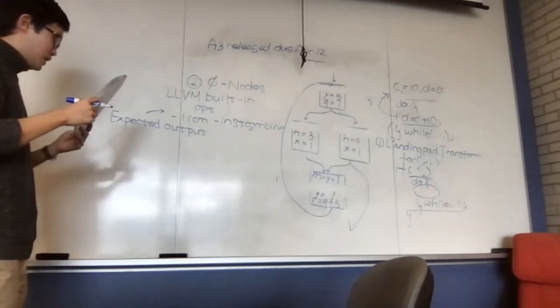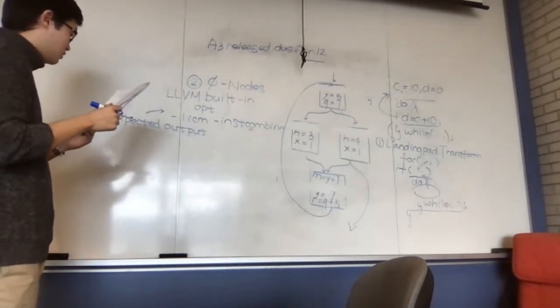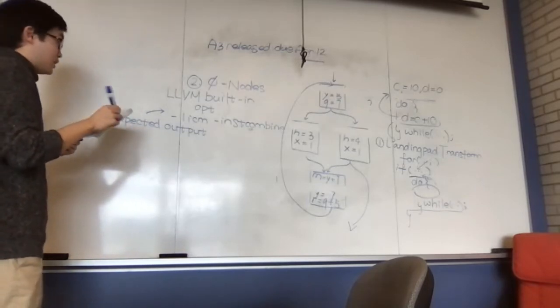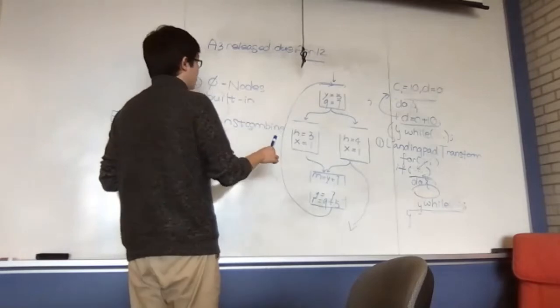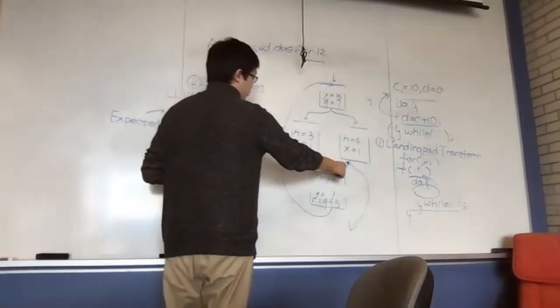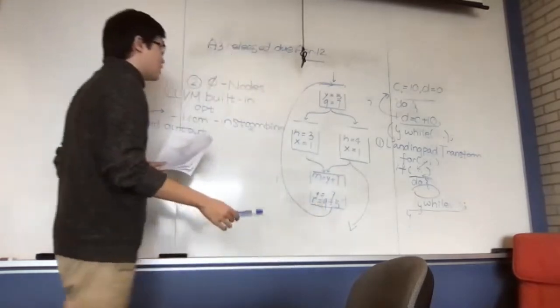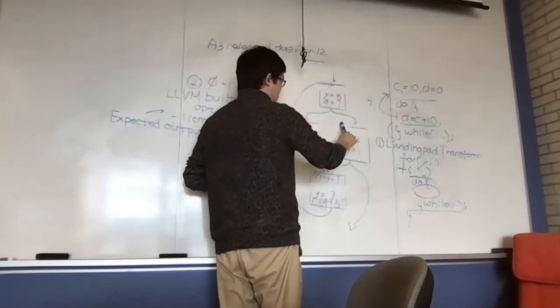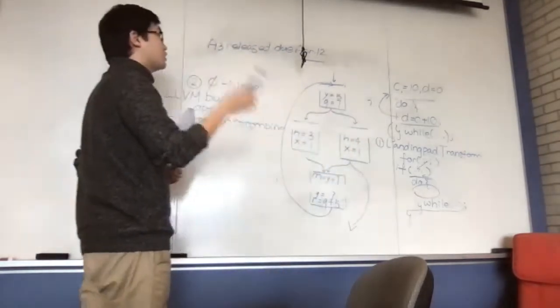Now, returning back to what we have. We have been discussing the condition for why the loop body needs to dominate the loop exit here.